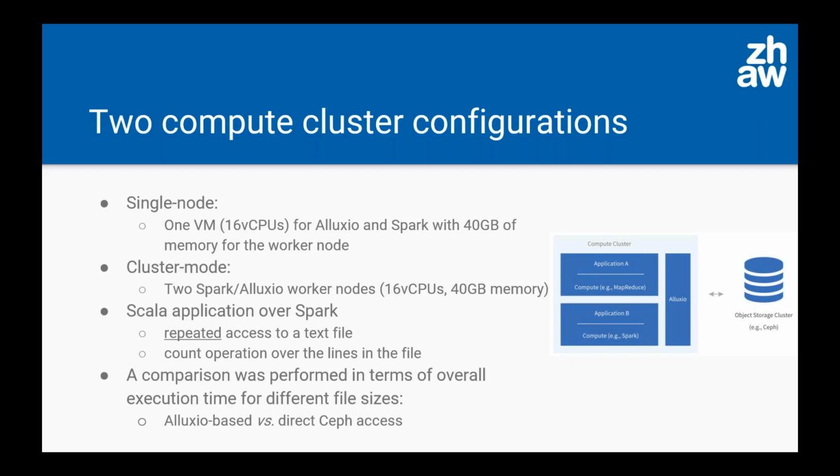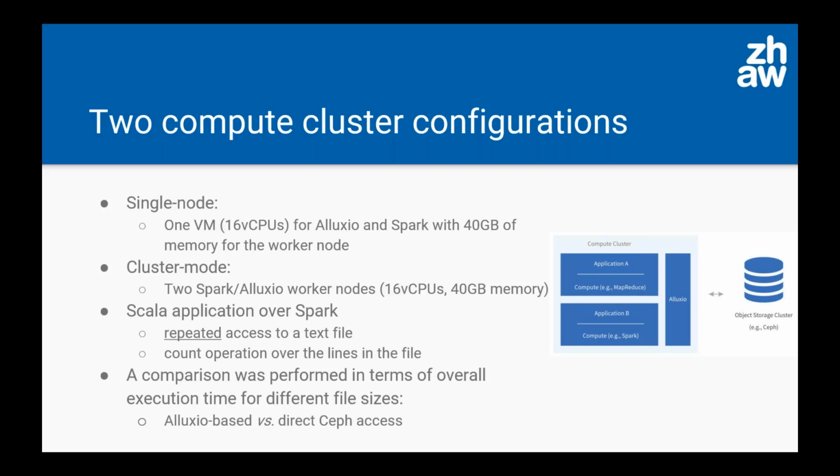The important point I want to underline is that we found out, and the results will show, that the use of Alluxio is of particular interest when you have repeated access to the same text file. So, talking more broadly, if you're going to do data analytics multiple times on the same raw data, then Alluxio, from what we found out from the tests we did, is very interesting and brings very high performance improvements.